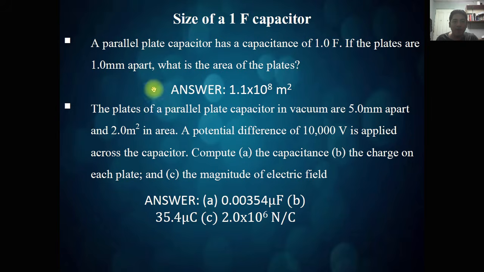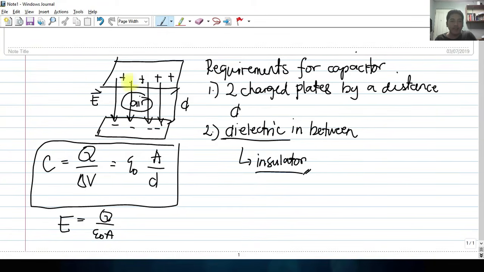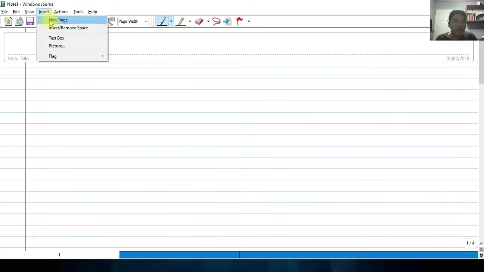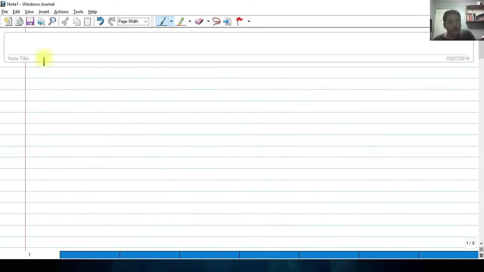If the plates are 1 millimeter apart, what is the area of the plates? We are given a capacitance of 1 farad and a separation distance between the plates of 1 millimeter. Are we correct? So the question is, what is the size of the plate?